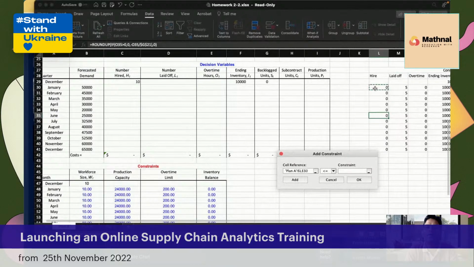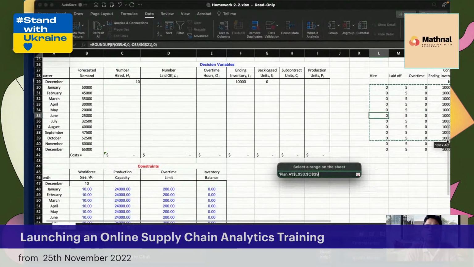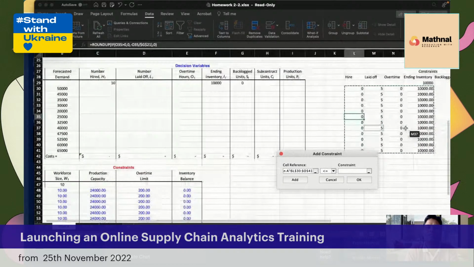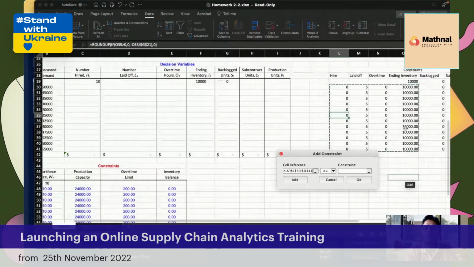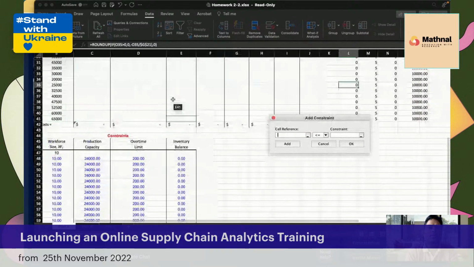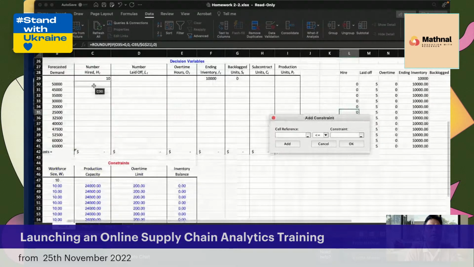And these four parameters, just a minute, I have to add some. Yeah, so I also have to define that all these values have to be integer.